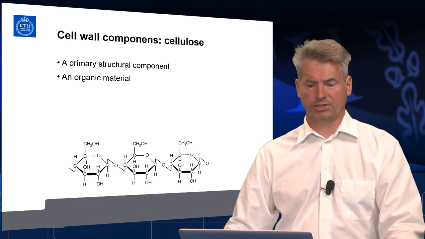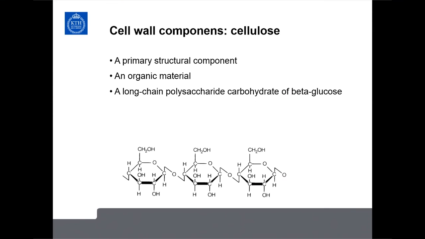It's an organic material, and it contains long-chain polysaccharide carbohydrates of beta-glucose. So it contains only one type of monosaccharide, beta-glucose. And you have the general formula of that, as shown here, C6H10O5.